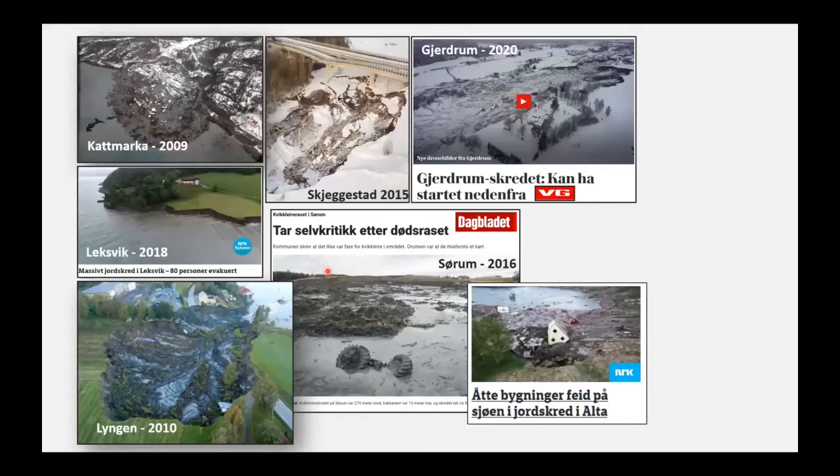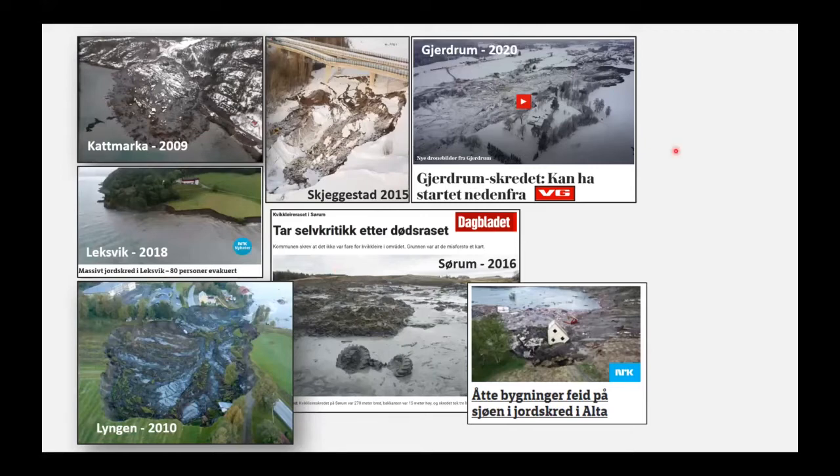So over the years in Norway, there have been many quite destructive landslides, and these are just a few examples of recent landslides since 2009 in Norway that have affected people and led to loss of life. Yesterday, there was a report that was made publicly available following one of the largest or most deadly quick clay landslides of recent history.